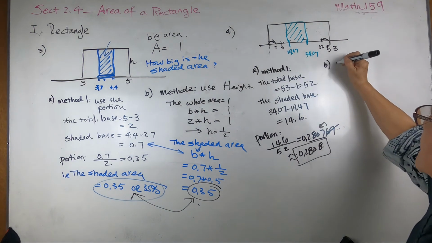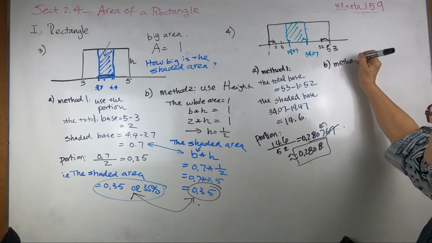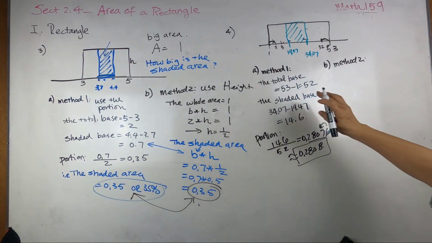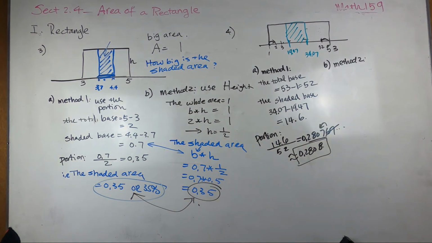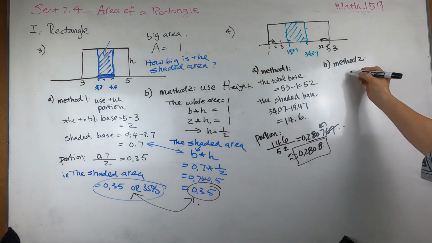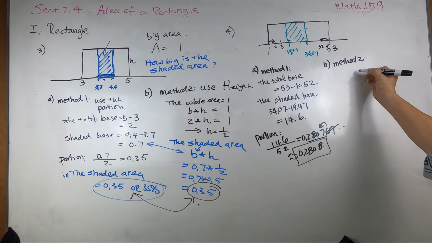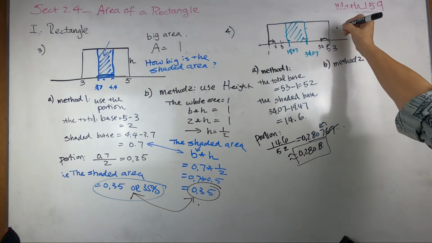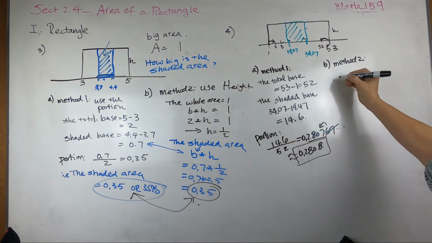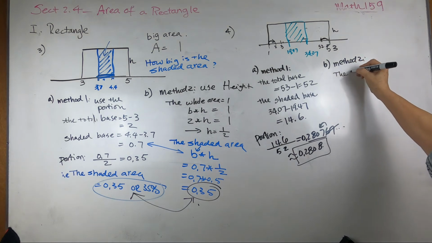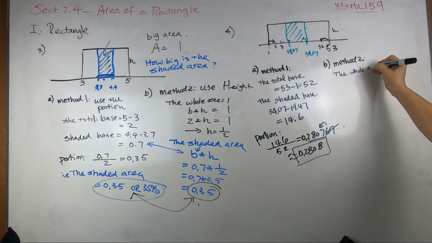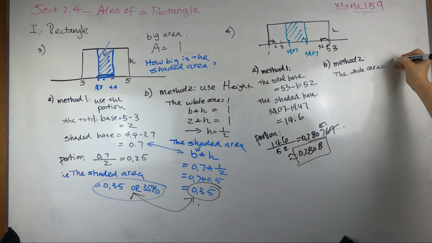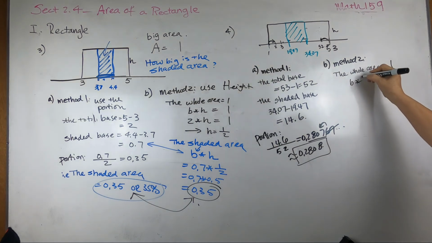Okay? Then if we use method 2, now use height. How do we do that? Okay, let's find out. With method 2, the whole area is 1, and area is base times height, right?